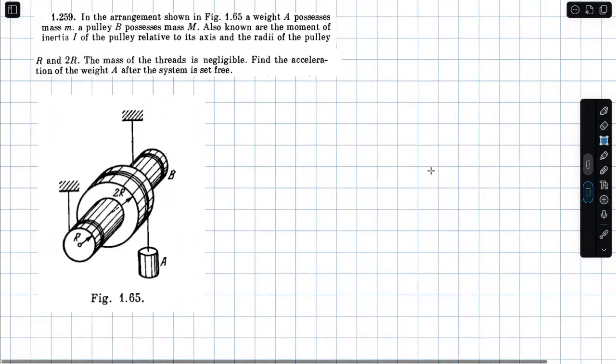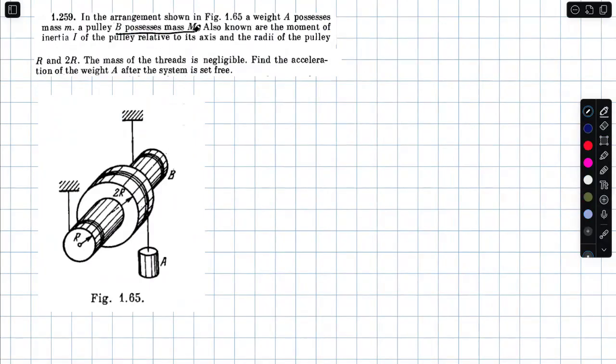Okay, trust me. You can see the arrangement here. A pulley B, mass of this pulley. Which one? Pulley means this one. B possesses mass M. Also known is the moment of inertia I of the pulley relative to the axis. About this axis, I, moment of inertia. Internal R, external 2R. The mass of the thread is negligible. Find the acceleration of the weight A after the system is set free. The mass of this one is smaller.